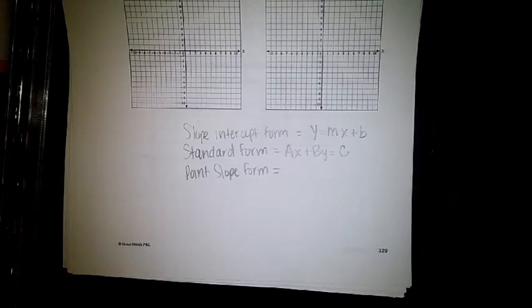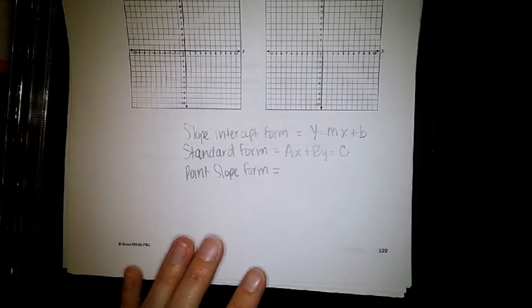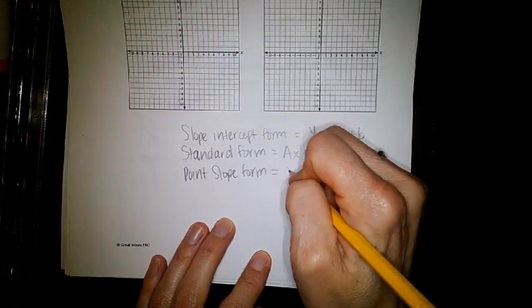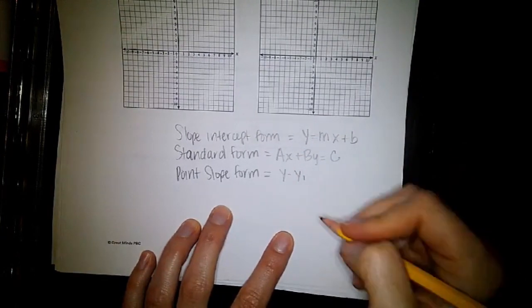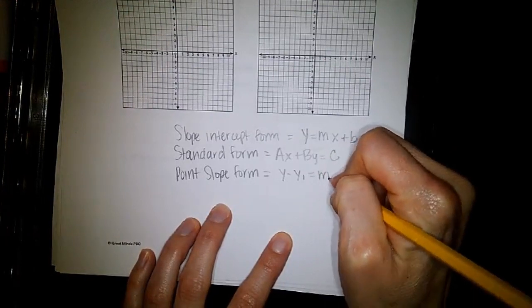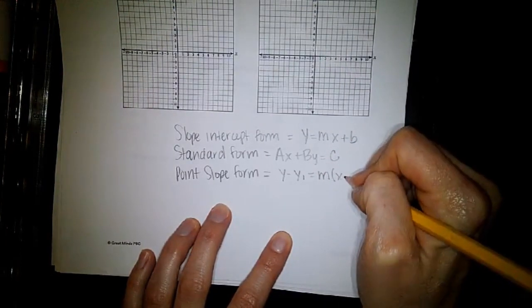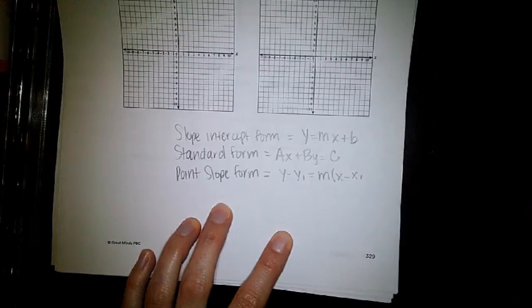Okay? So, point slope form of a line is y minus y1 equals m times x minus x1. And it looks scary because it's a bunch of letters, but I'm going to show you how easy this is to be able to solve. Okay?